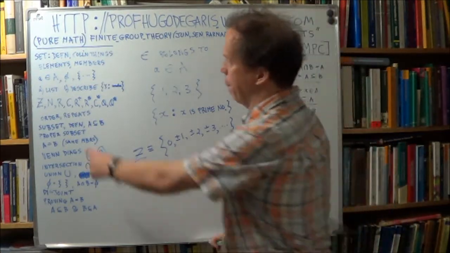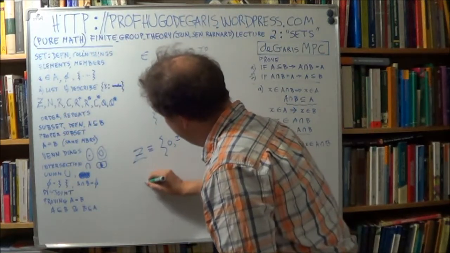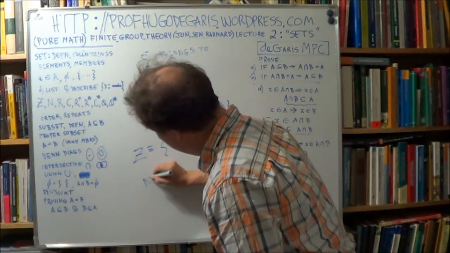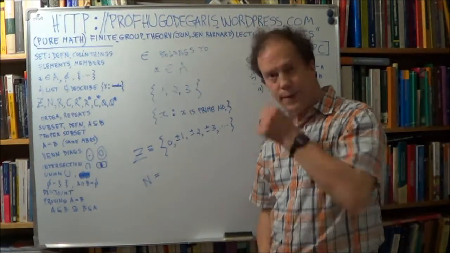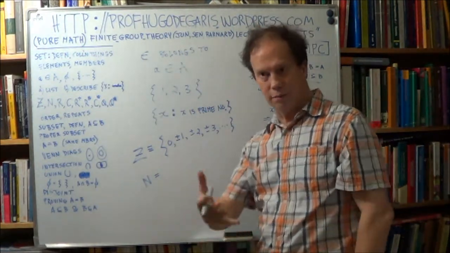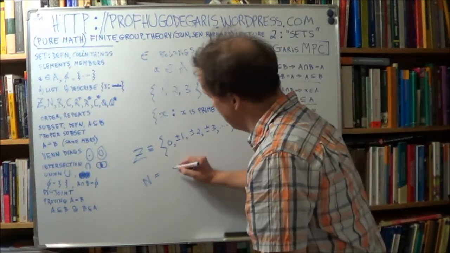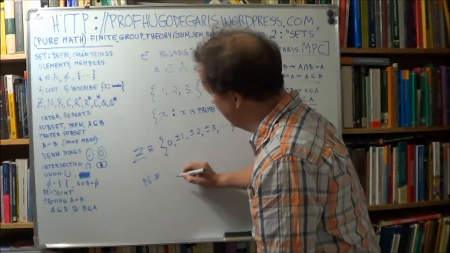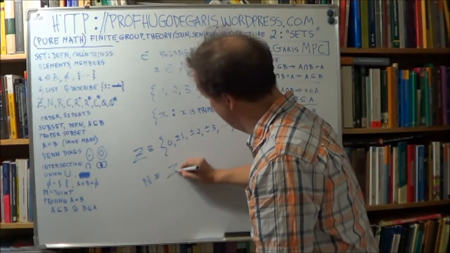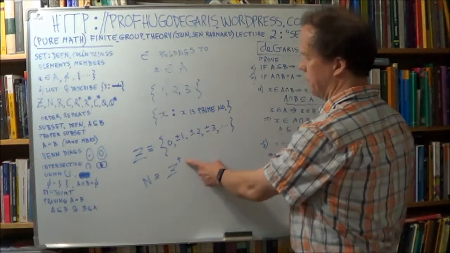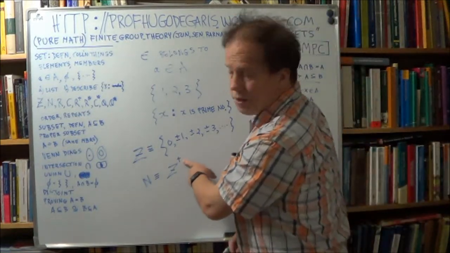Okay, so N is the set of natural numbers, the counting numbers, like 1, 2, 3, and so on. So in a sense I could say N, by definition, is Z plus, and the plus here means the positive integers.